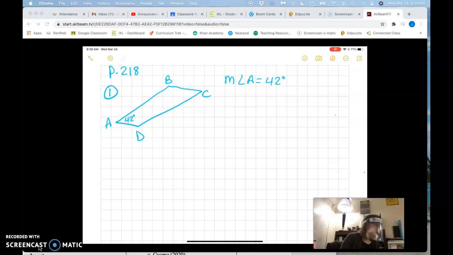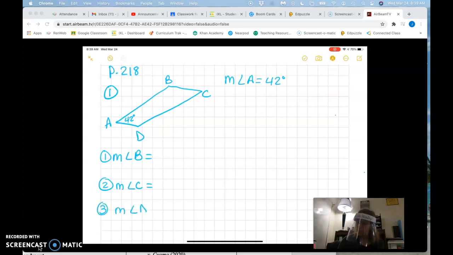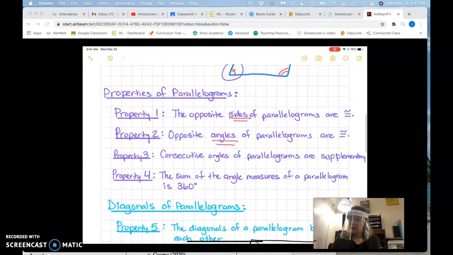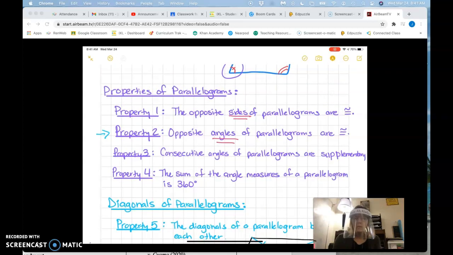So number 1 says, find the measure of angle B. You know how to do that, James? How do you think you do it? Okay, so we just figured out that angle C has to be 42 degrees because if we go back here to property number 2, opposite angles of parallelograms are congruent.